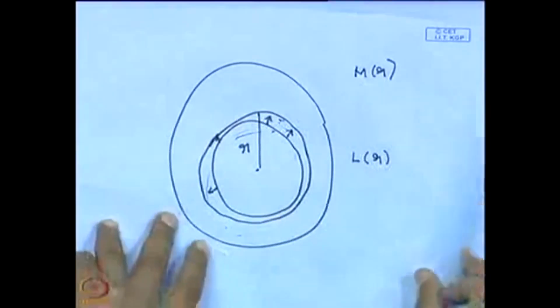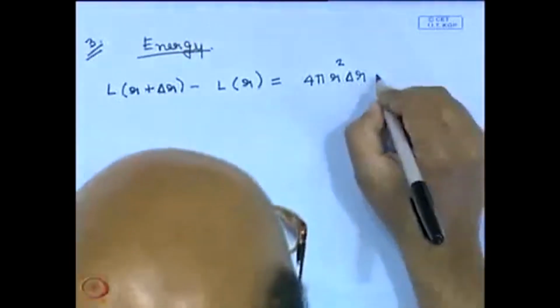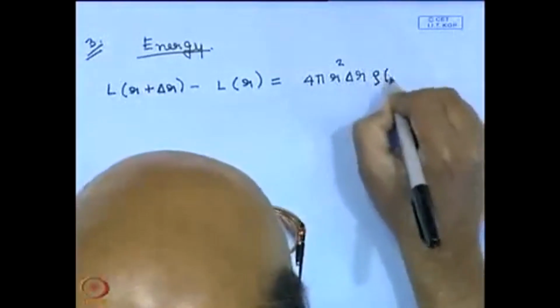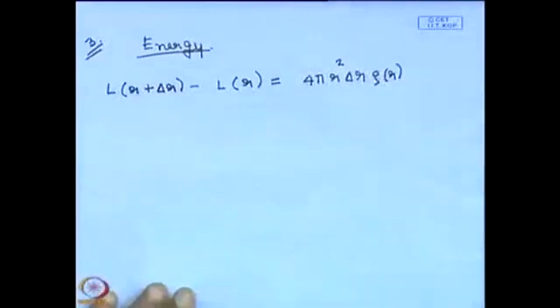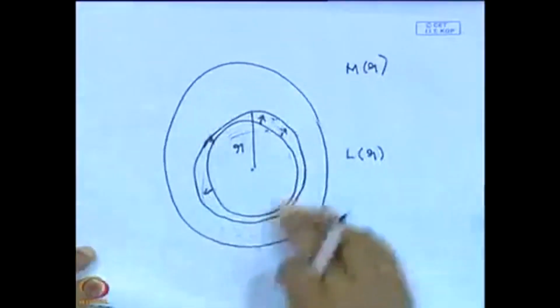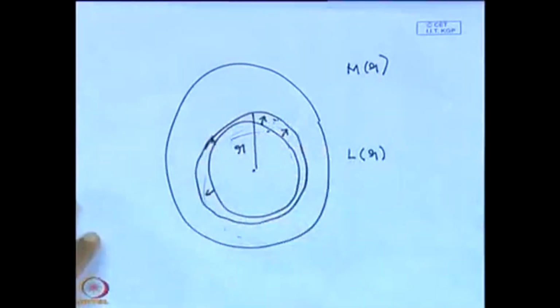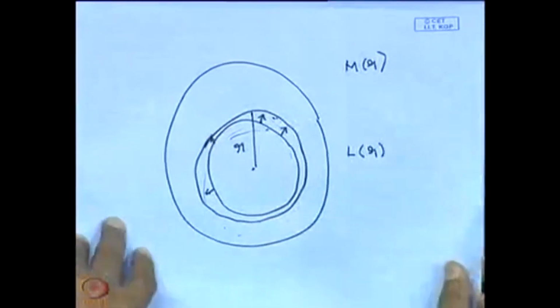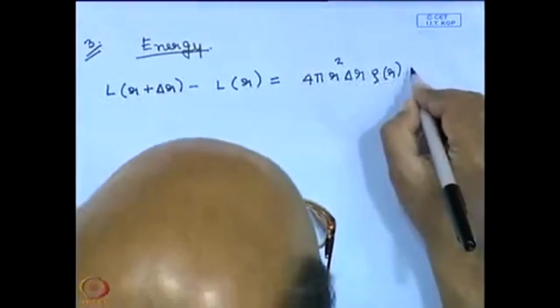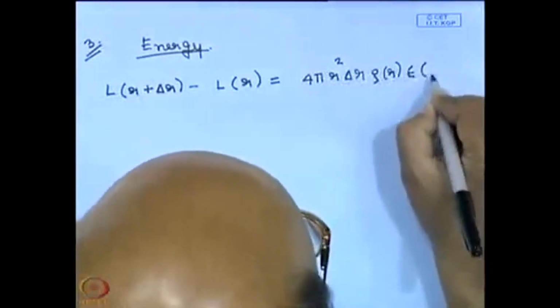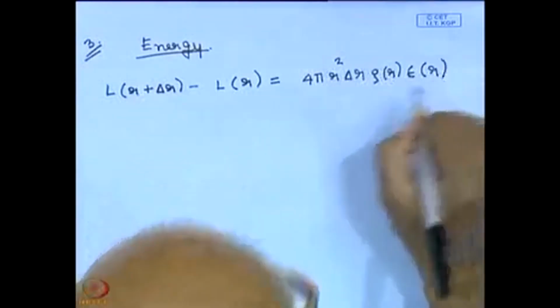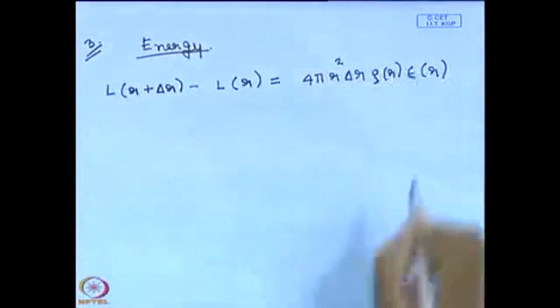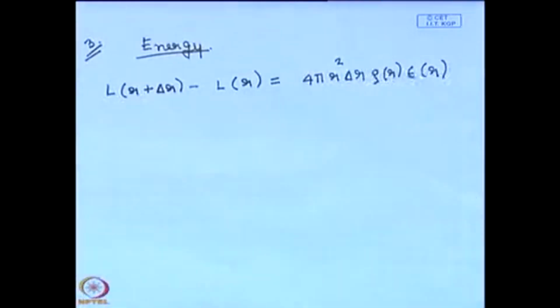So, into the density rho(r), into the energy generation rate, okay, or the emissivity of this material. So, epsilon(r). Okay. So, that is the amount of energy generated per unit mass of this material.